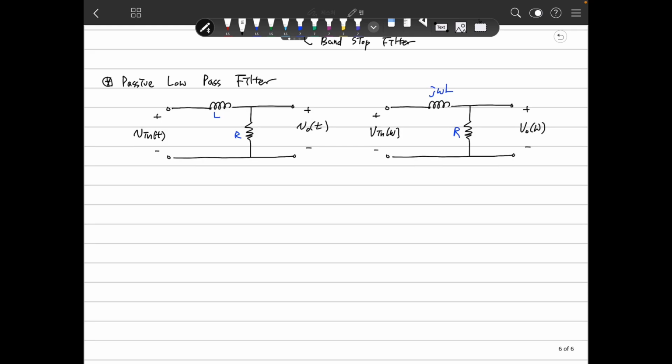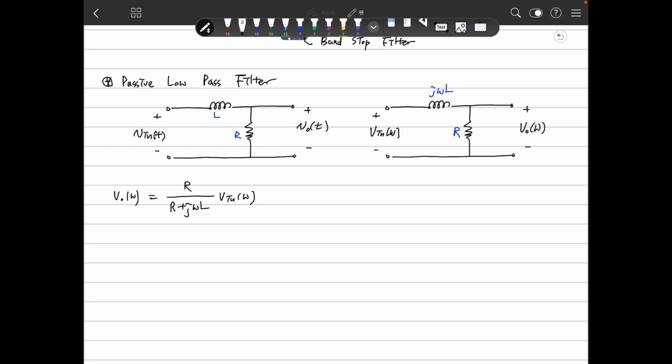Then we get a solution here. So now V out will be R over R plus j omega L times V in. Right. V out of omega is V in of omega. We need to think about this.